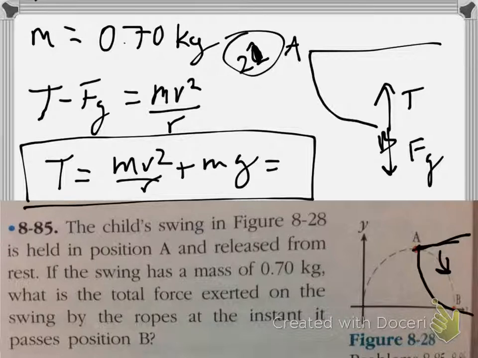Is that right? Yeah, because the mass is 0.7. So this one has to equal 20, that one has to equal 10. When you add them together, you get 30 times 0.7, that's how you get 21. So their v squared over r has to equal 20.